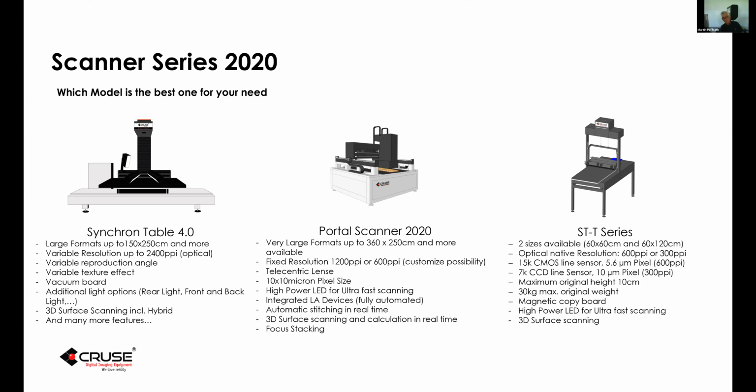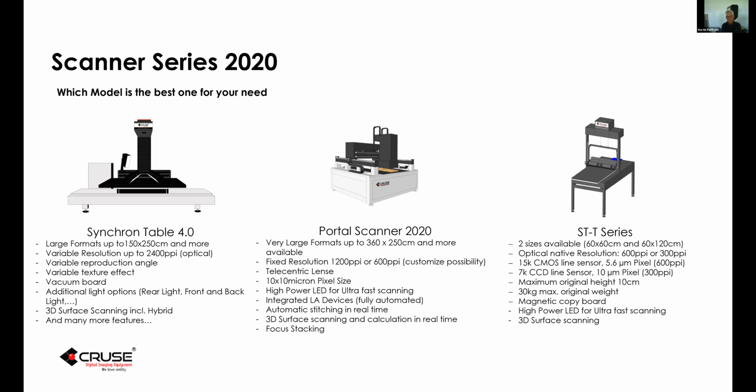What Martin will talk about is also something new, which we came into the market last year. This is what we call the table scanners. The table scanner has a size of 60 × 60 or 60 × 1.20 m. It has either a resolution of 600 ppi or 300 ppi. It has our famous 15K CMOS linear sensor, which has, and that is also unique, 5.6 micron pixel, which allows fantastic results.